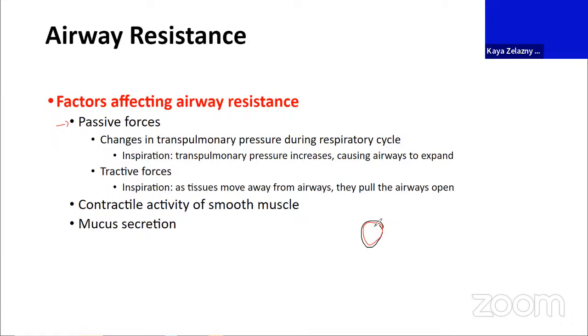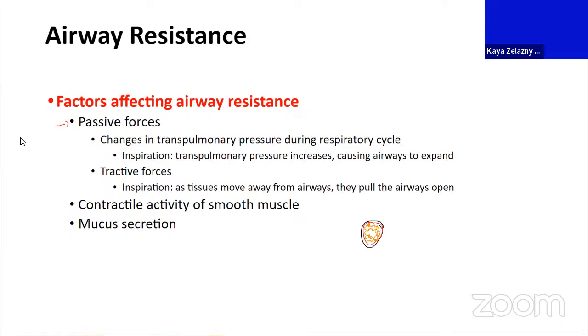A new factor could be mucus. So if we think about mucus, we're thinking about basically a kind of globby layer lining the inside of the airway. So effectively, if you produce more mucus, you're narrowing that pathway for air more and more, right?